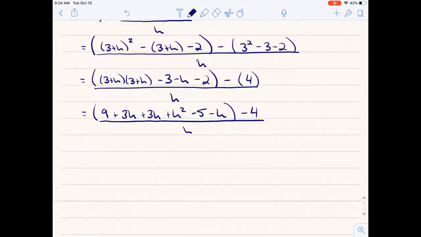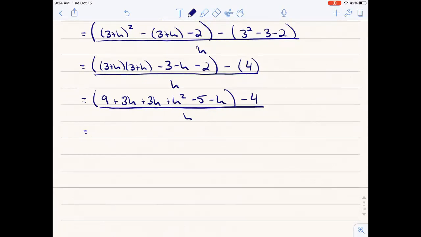Okay. So what I'm going to do is group all my like terms before I start simplifying, but I will ditch these brackets. And so I've got h squared plus 3h minus h, and then plus 9 minus 5 minus 4, all over h.